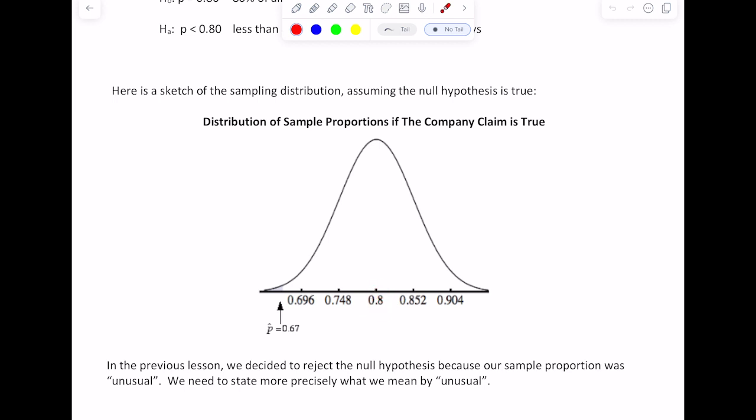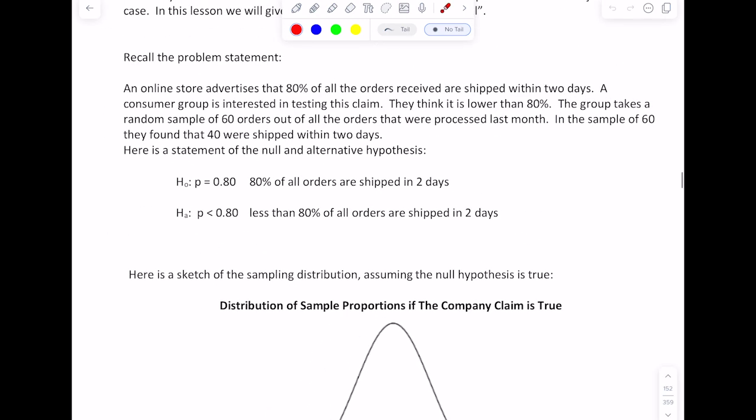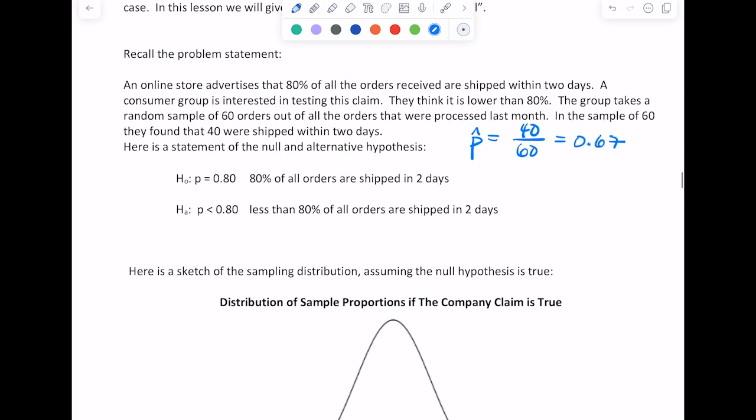We calculated the standard deviation and we listed 2 standard errors in either direction. And our sample proportion, which is 0.67, comes from our sample, which says that out of 60 orders, 40 were shipped within 2 days. So if you change that to a decimal, you get 0.67.